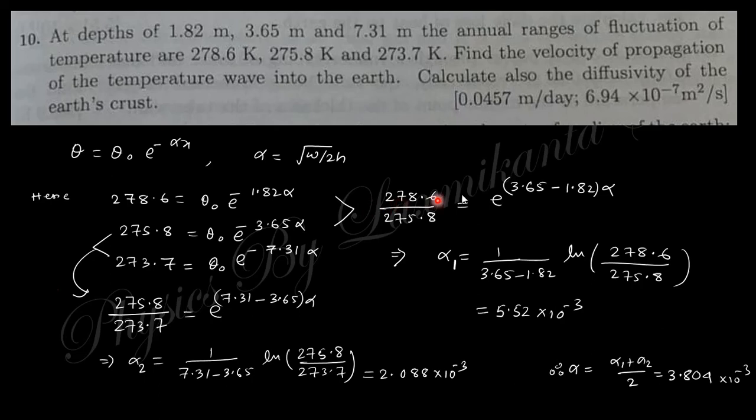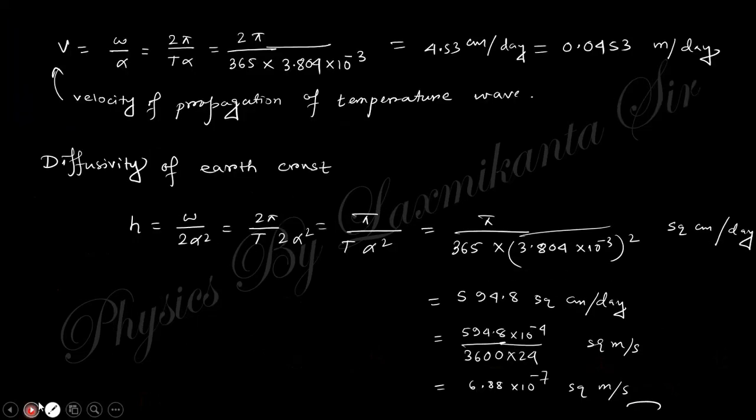If you divide these two, you will get the value of alpha 1, and if you divide these two, you will get the value of alpha 2. So this is the value of alpha 1 and this is the value of alpha 2. The average alpha will be like that. After getting the average alpha, the velocity will be omega by alpha.